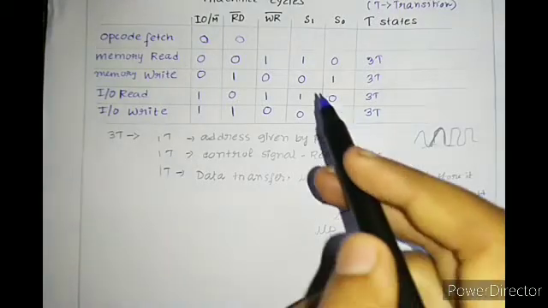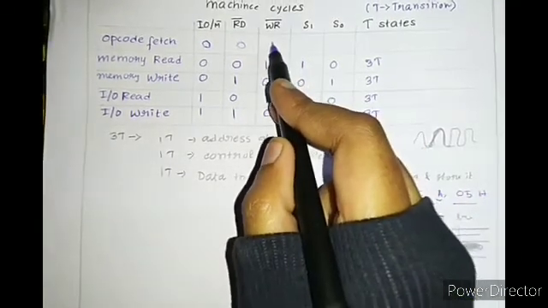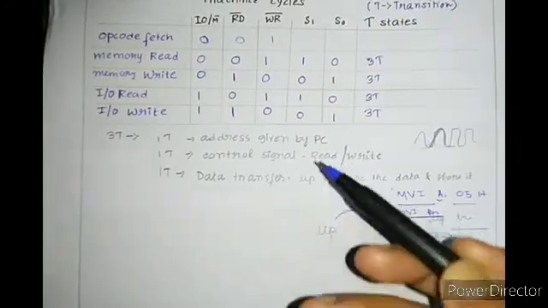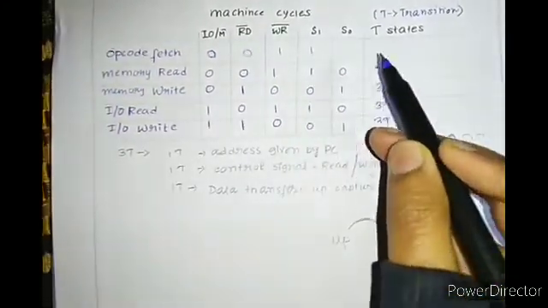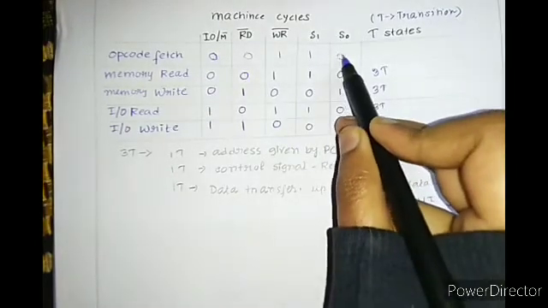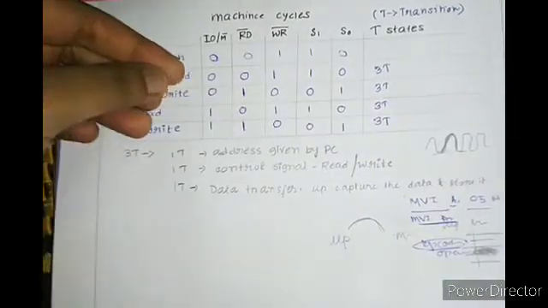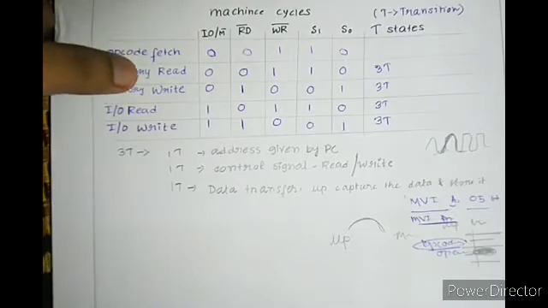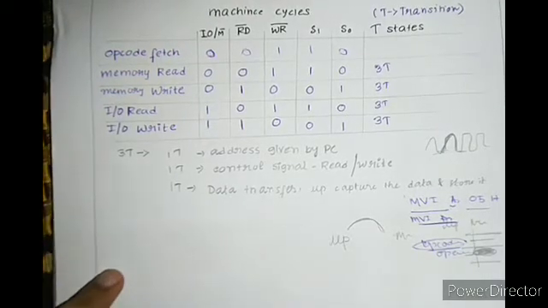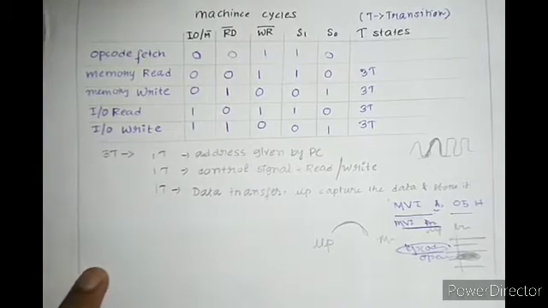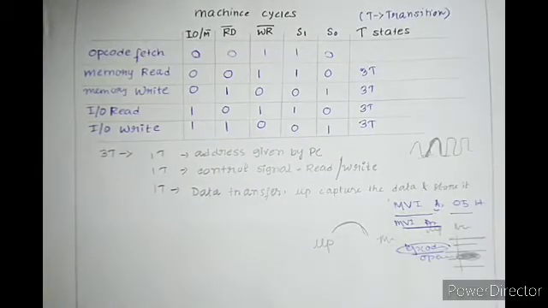Is it a write operation? 1. S input? 1. Is it output? No, 0. Now can you see, opcode fetch and memory read both look the same. But are they the same? Of course not. They are quite similar, but opcode fetch has something else to do also.